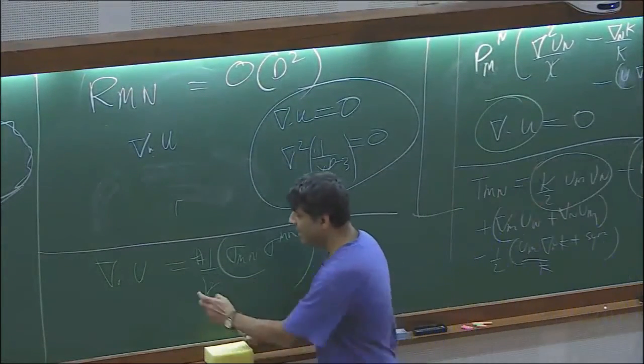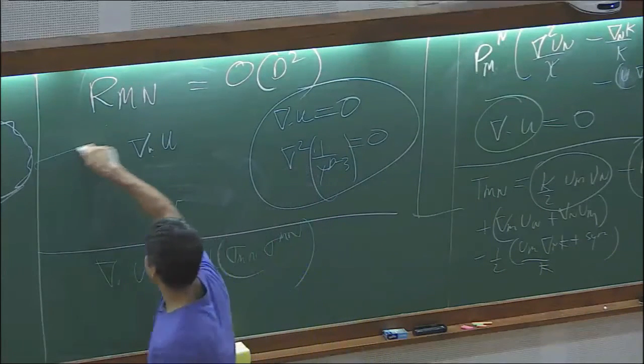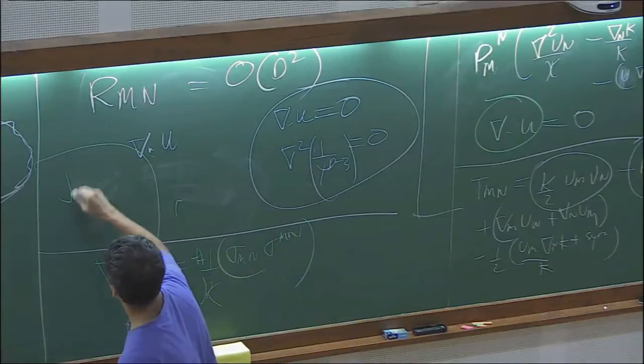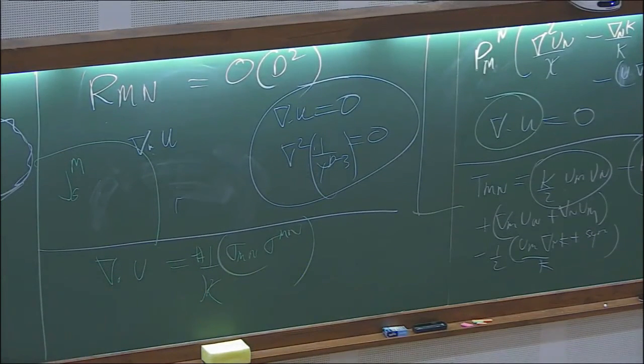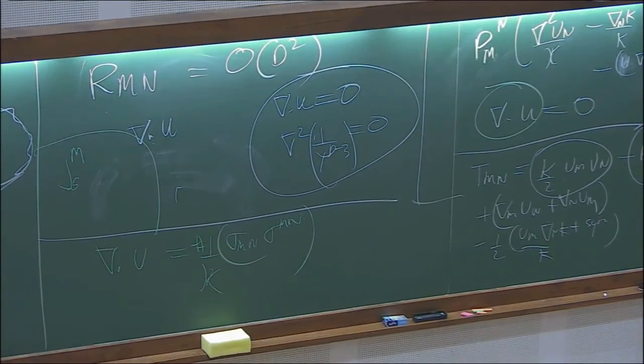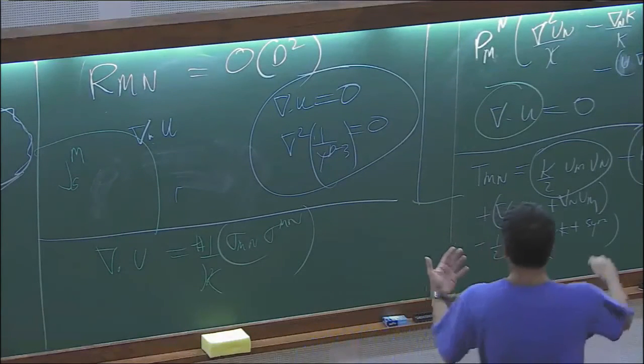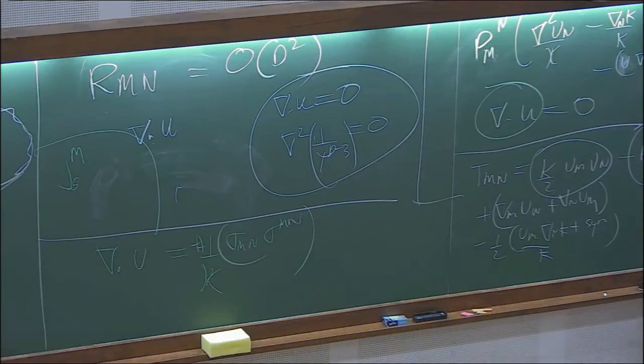Okay? Now, I don't have the time to describe any of this to you in detail, but it's possible to write down an entropy current on our membrane. This entropy current, when integrated, produces the area and has the property that its divergence is always positive definite. And it turns out that to 0th and first order, that entropy current is very simple. It's simply u_m with no other coefficients.